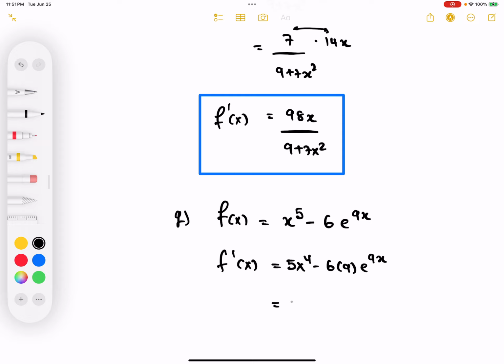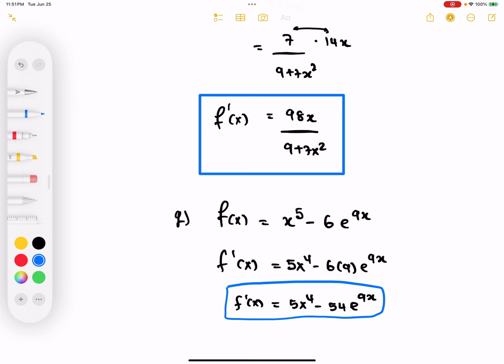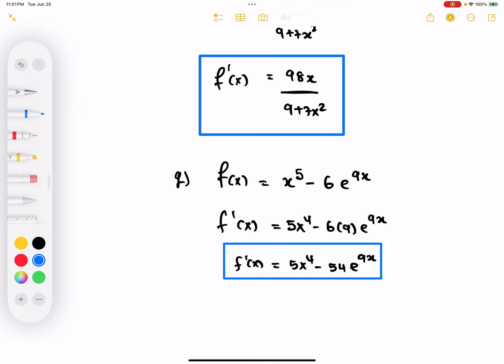So this is 5x to the fourth minus 54 e to 9x. Please don't subtract anything from the exponent of any exponential, but just make sure to multiply the coefficient with any number that is in front of the exponential.